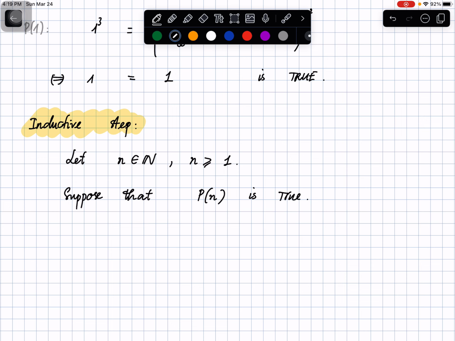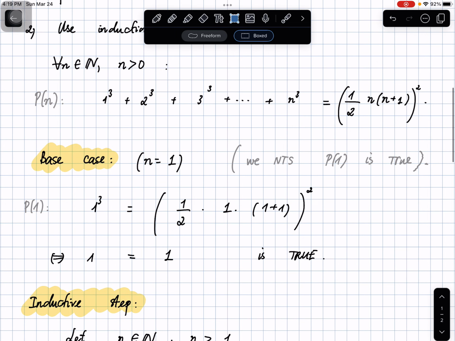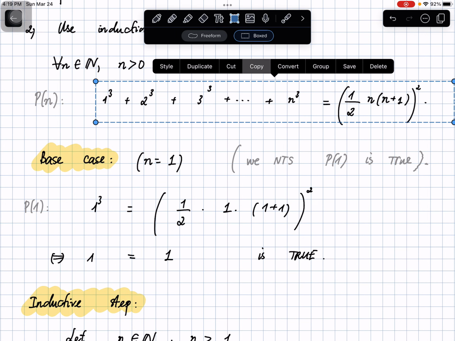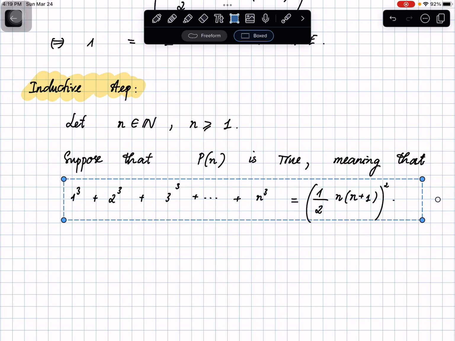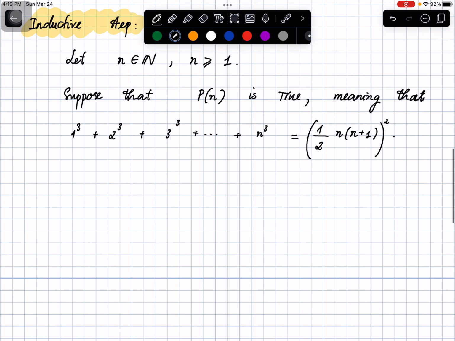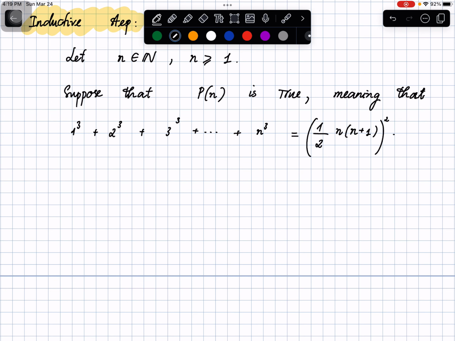This means that this is true. And we need to show p of n plus 1 is true.